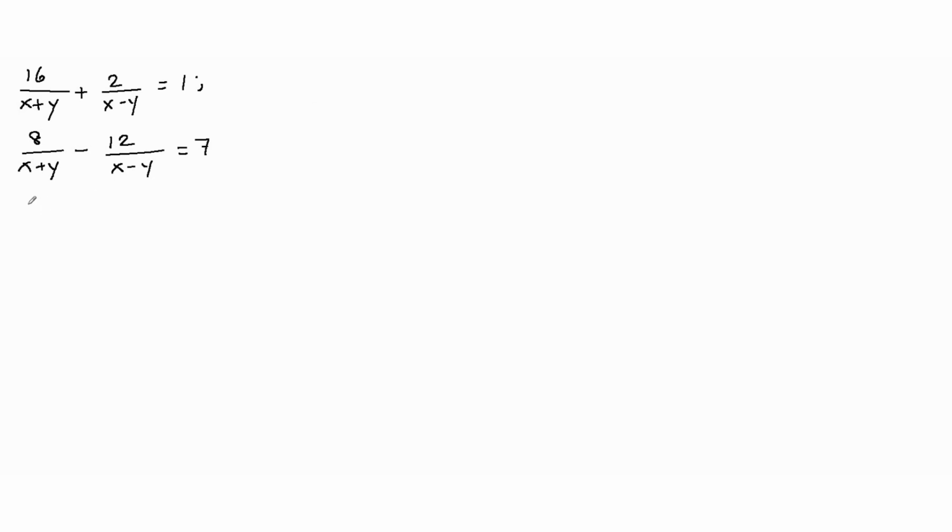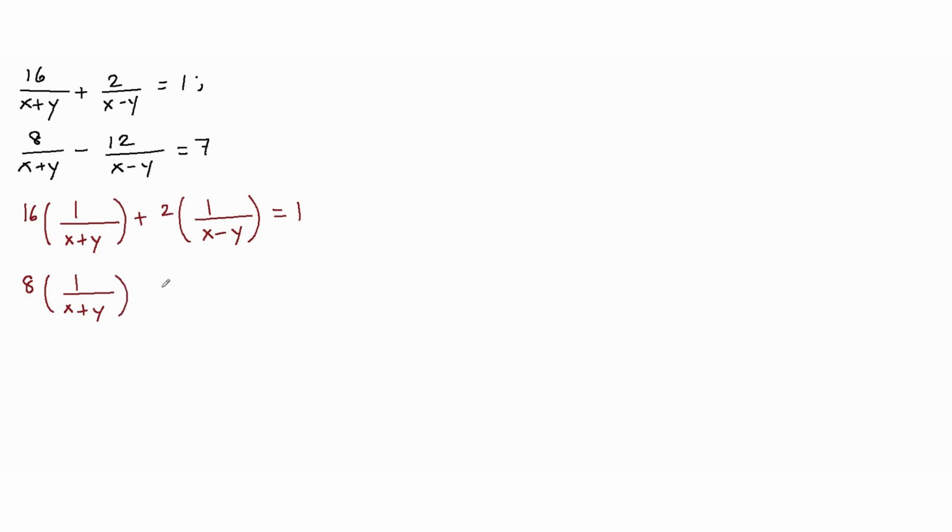So I am going to write the first equation as 16 times 1 upon x plus y plus 2 times 1 upon x minus y is equal to 1, and the second equation is 8 times 1 upon x plus y minus 12 times 1 upon x minus y is equal to 7, right? So this is my first equation and this is my second equation.